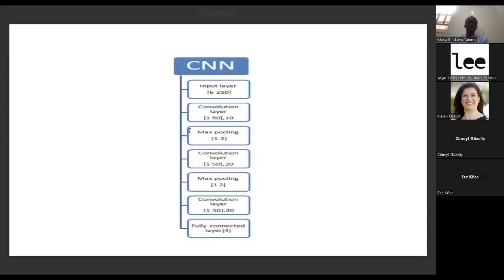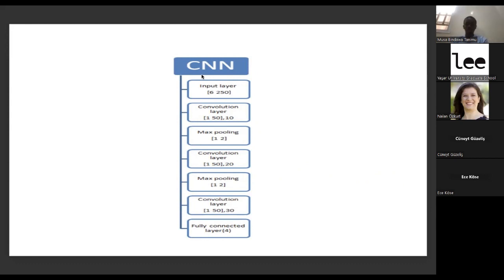So we fed it into a CNN with this structure. At the input layer, our input size is 6 by 50. At the convolutional layer, we had 10 1 by 50 filters. At the max pooling layer, this is the size of the pooling filter. Then comes a second convolutional layer of 1 by 50 size, but this time we had 20 filters, followed by a max pooling layer, then another convolutional layer, then a fully connected layer.